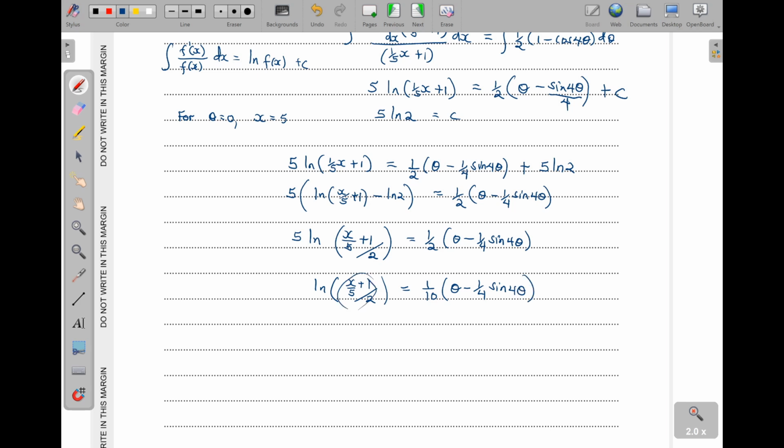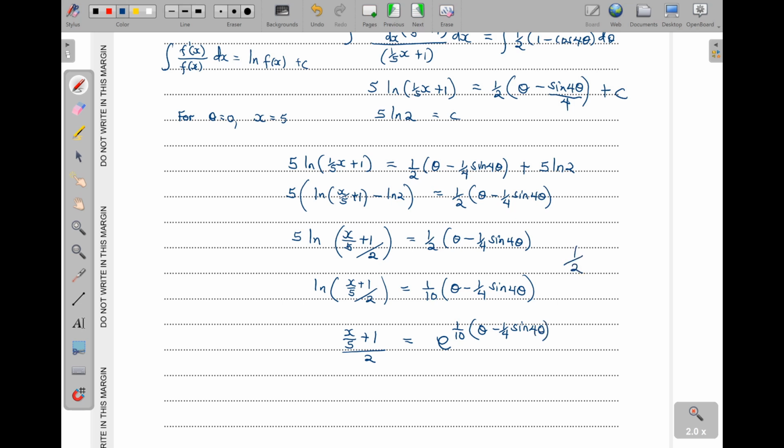This one you can simplify, or I can leave it. Then take away the natural log. We can have x over 5 plus 1 over 2 shall be equal to e to the power of 1 over 10, okay, into theta minus a quarter sine of 4 theta, okay.